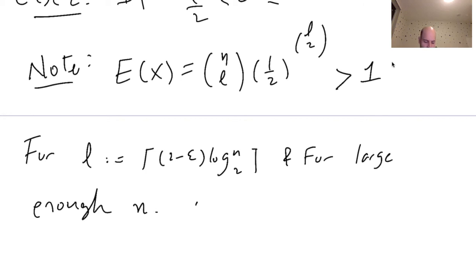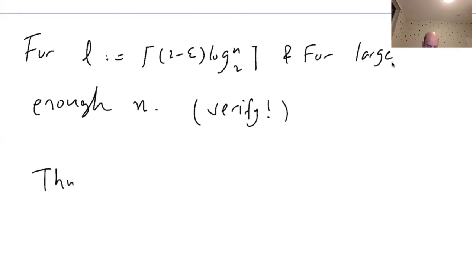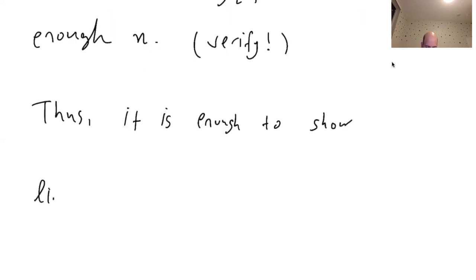So you can verify this yourself as an exercise, that for our choice of L, E of X, which is this expression, we already showed this, is going to be bigger than 1 for large enough n. So it is enough to show that the limit of variance of X over E of X as n goes to infinity is 0.